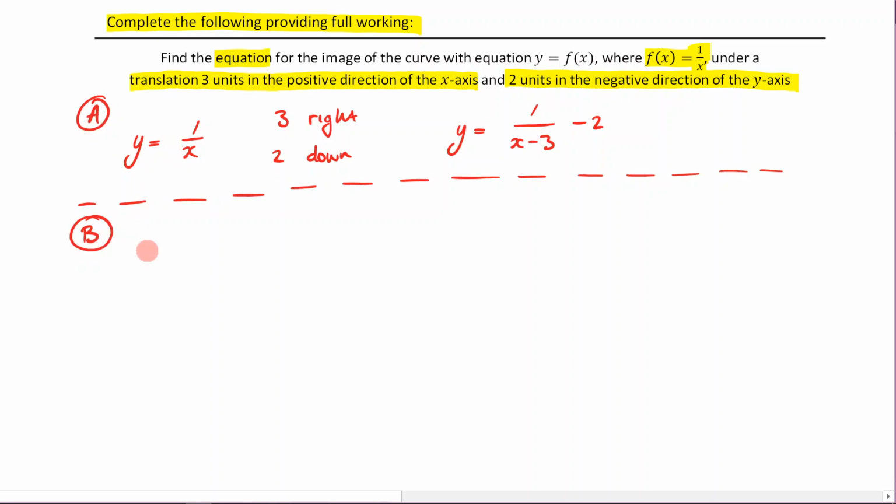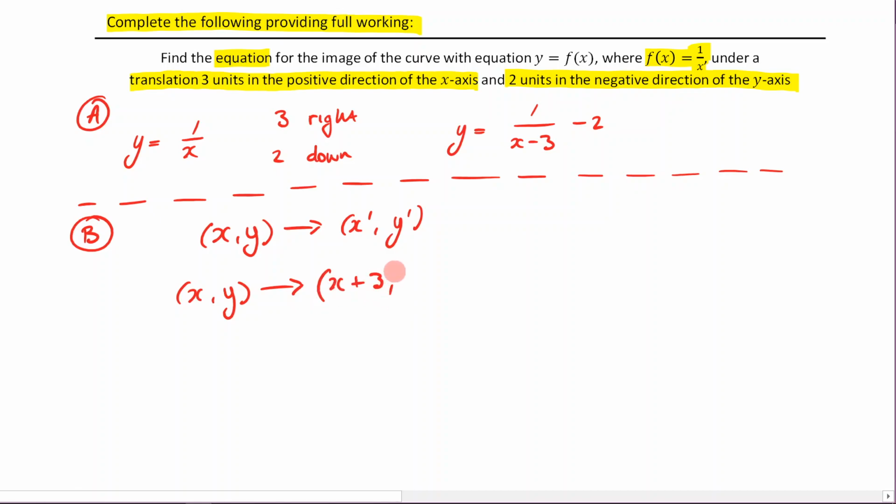The first thing we do, we write down x, y. So this represents a point on our original graph. We then go x dash, y dash. This represents a point on our newly transformed graph. We then rewrite this. We know that every point on our newly transformed graph is going to be x plus 3 because it's 3 units in the positive direction of the x-axis.